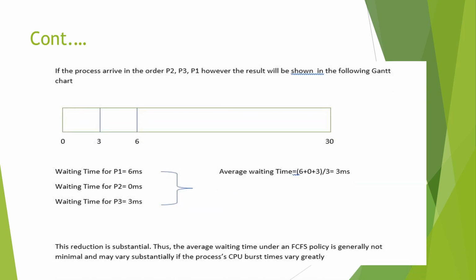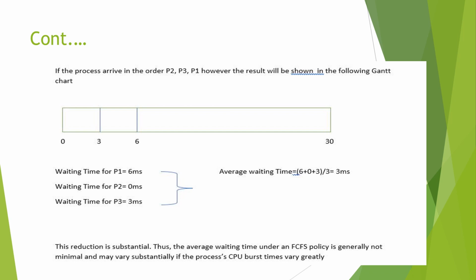If the processes arrive in the order P2, P3, P1, however, the results will be shown in the following Gantt chart. So process P2 will start executing at time 0. It will take 3 milliseconds to execute. It ends at time 3 milliseconds. Process P3 is then allocated the CPU. It takes 3 milliseconds to execute and ends at time 6 milliseconds. And then process P1 is allocated the CPU.